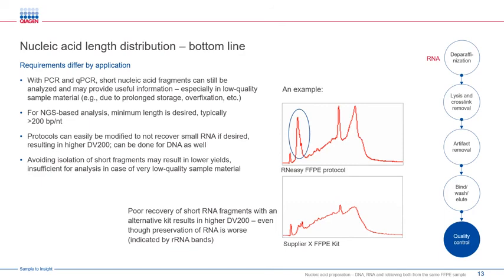And in many cases, when you have a kit or protocol that isolates short fragments, like you see here in the example on the right, this is a pretty old piece of data, it's actually quite easy to modify that protocol to not recover the short fragments in case they are really unwanted.